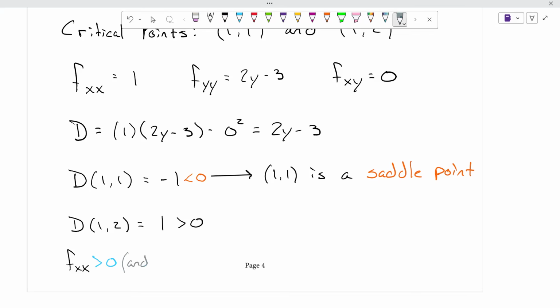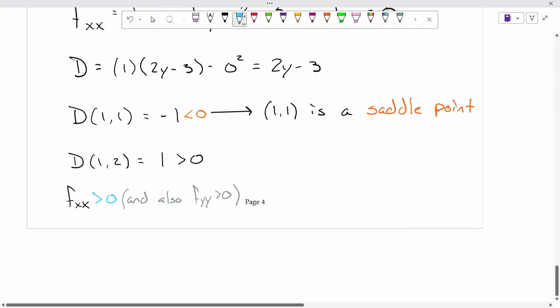And also, f partial y is greater than 0 because it's equal to 1. I don't need to check both of them. I just need to check either of them because if D is positive, I know that they'll both have the same sign. So since D is positive and partial x was positive, I know that partial y will be positive as well. But again, second derivatives tell us concavity. So this guy is concave up.